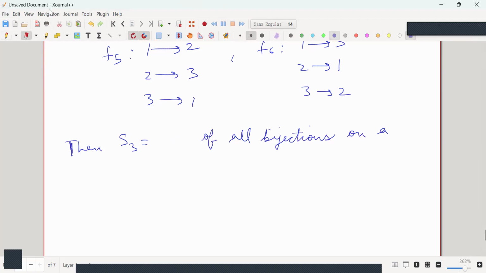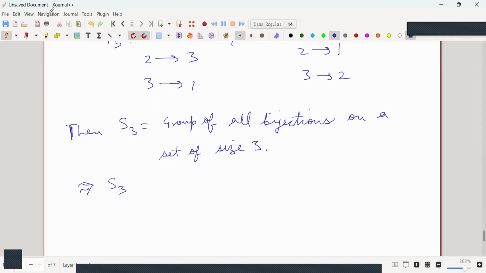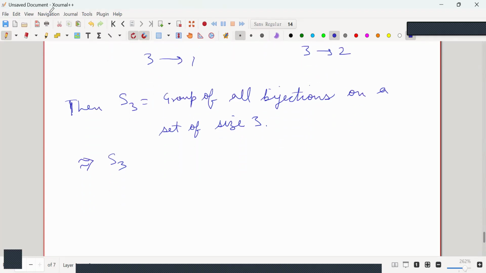So the group of all bijections on a set of size 3, right? So we can say in a vague manner because it's almost the same. Later we will see the concept of isomorphism of groups. So then you will realize that it is okay to write S3 as just a collection of these elements F1, F2, F3, F4, F5, and F6.